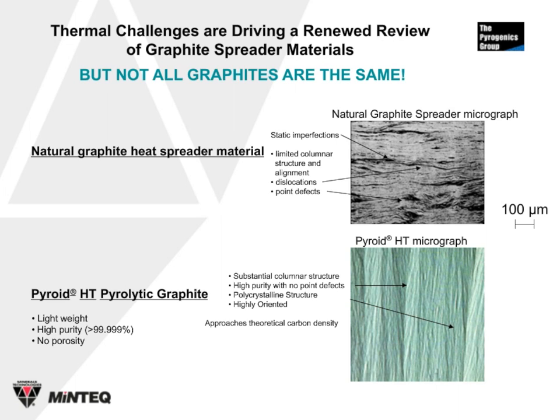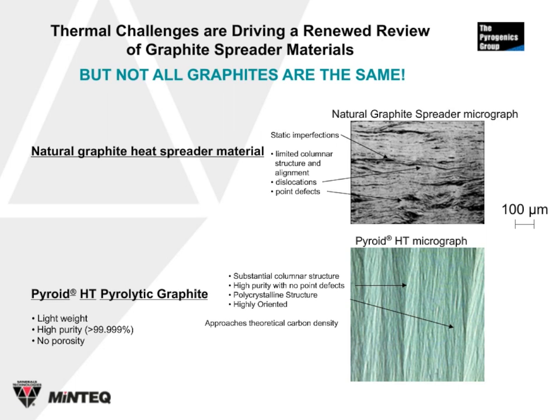But pyrolytic graphite, and our trade name, by the way, is Pyroid. So you see Pyroid HT. That is a synthetic pyrolytic graphite with high thermal characteristics. This material is quite different than natural graphite. It has a polycrystalline structure.